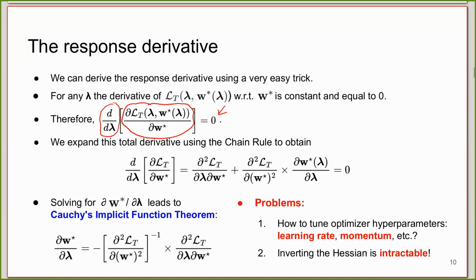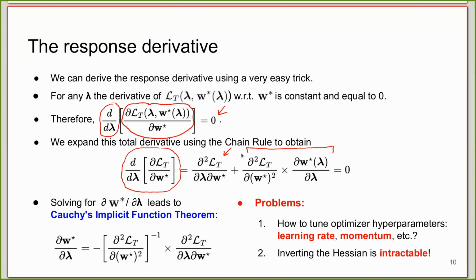You can now write the gradient of the training loss evaluated at W star, and then you calculate the gradient with respect to lambda of this, and that's going to be as before. You're going to have a direct contribution with respect to lambda, and then an indirect contribution through W star, because W star depends on lambda.